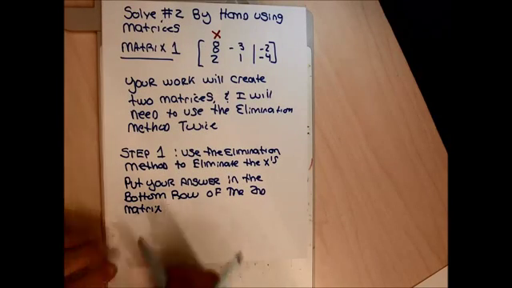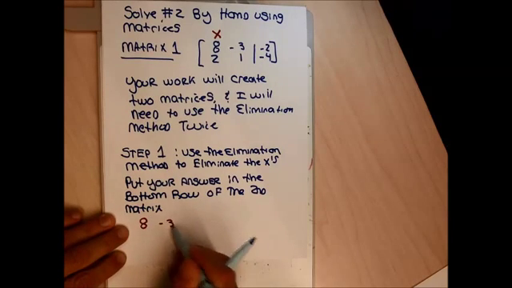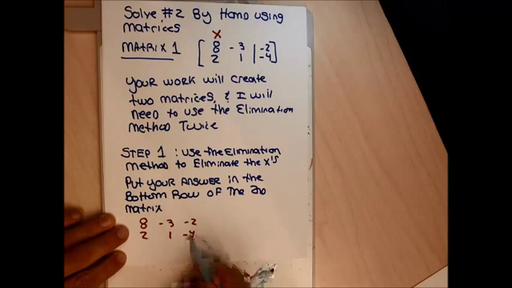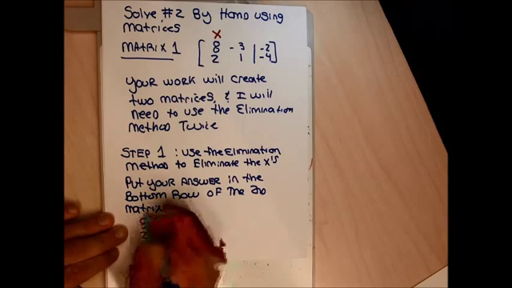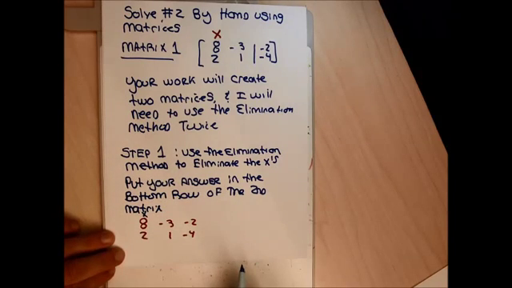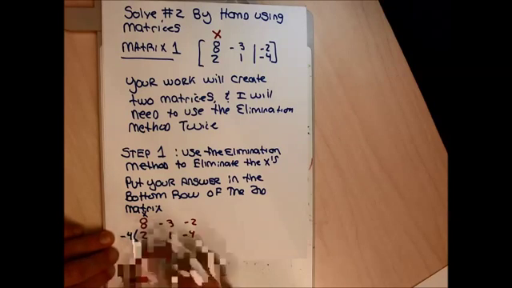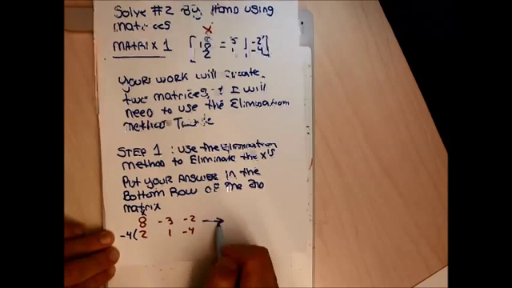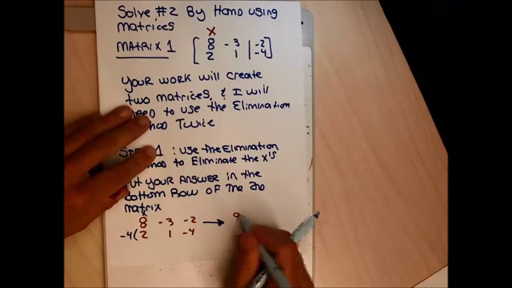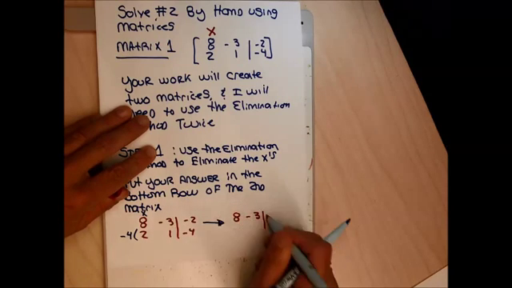To get a matrix, I need to use the elimination method. So what I'm going to do is take this matrix, the 8, -3, and -2, and 2, 1, and -4, and eliminate the x's. And to eliminate the x's, I need the same number in front of each of the x's with different signs. I'm going to multiply this bottom equation by -4 to do that. So my initial matrix, I'm going to treat it just like I'm doing the elimination method, but I'm not going to have letters.